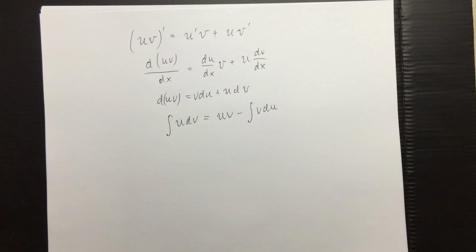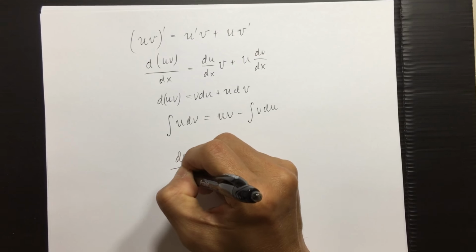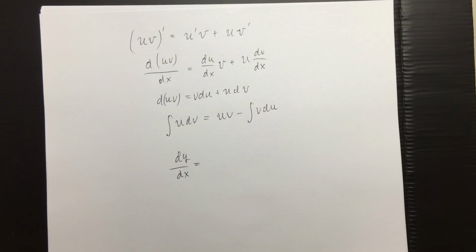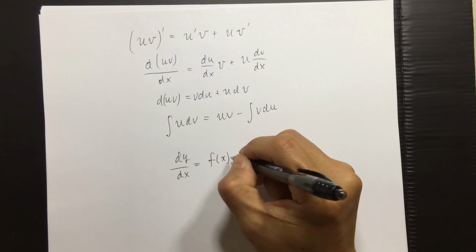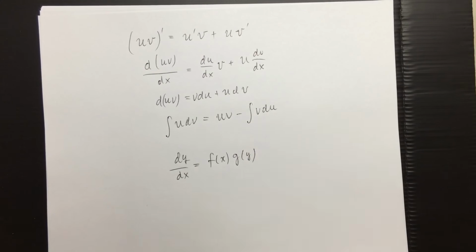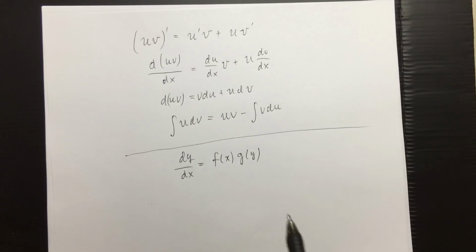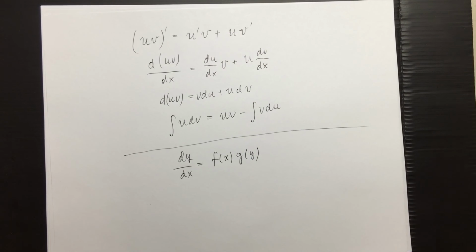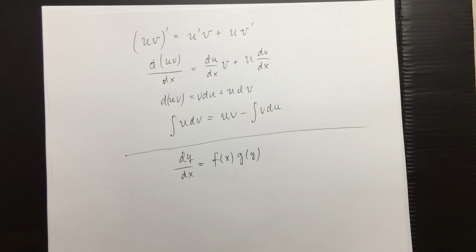Let's see what other comment I want to make. Oh yeah, dy/dx. We've made this comment a few times already. f(x) g(y). If you have an equation of this form, do you know how to solve this one? There's something in x, something in y. How do you solve it?